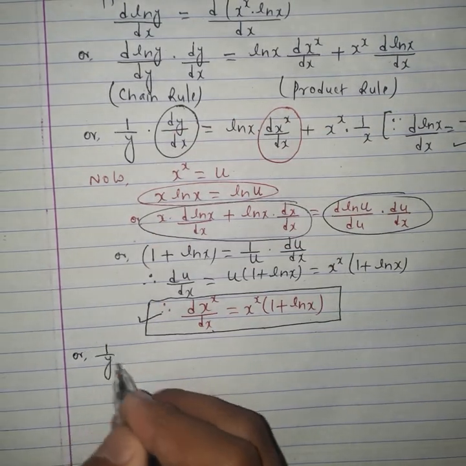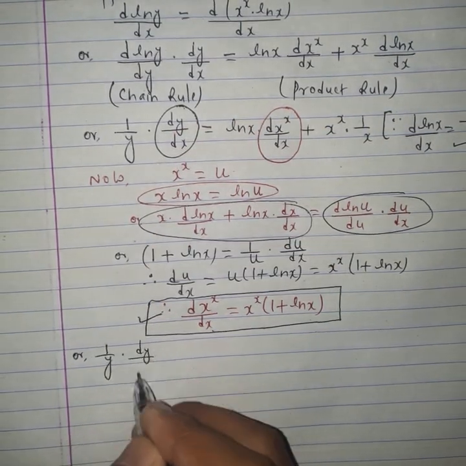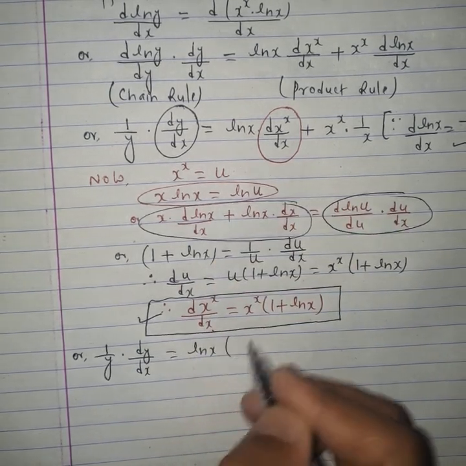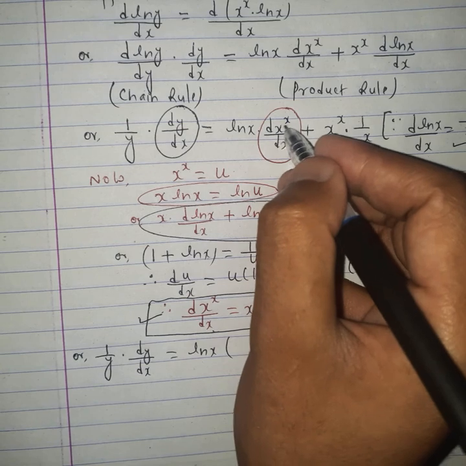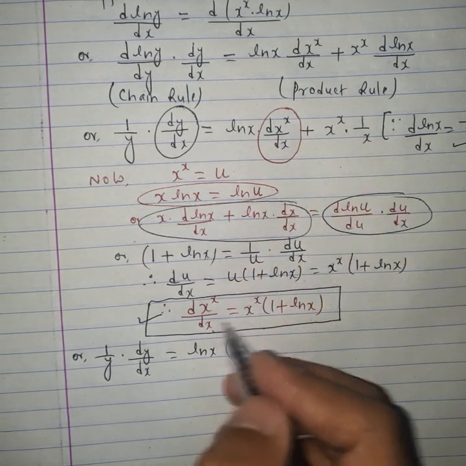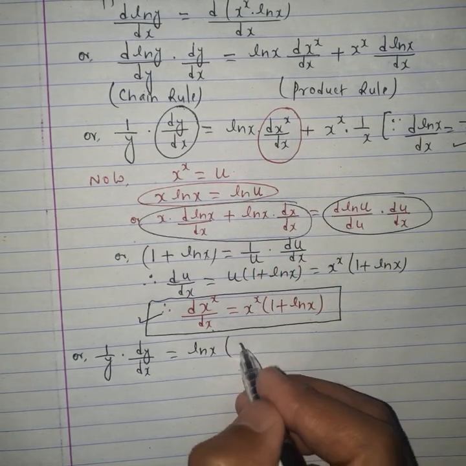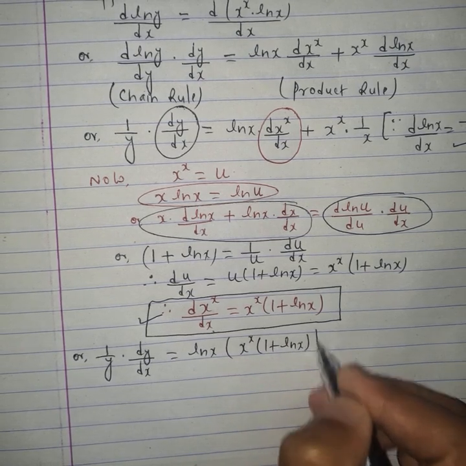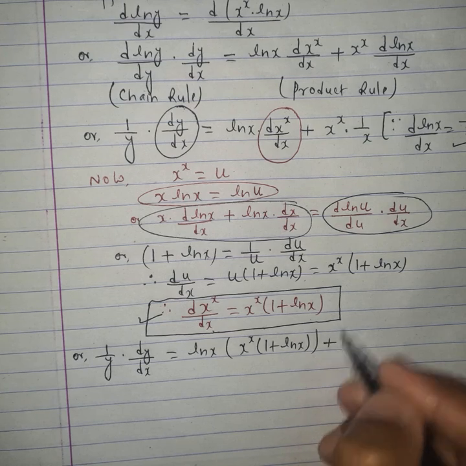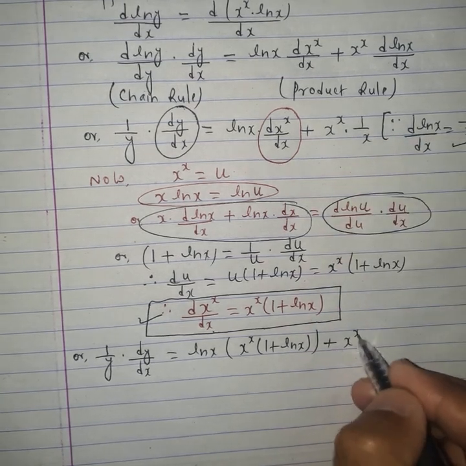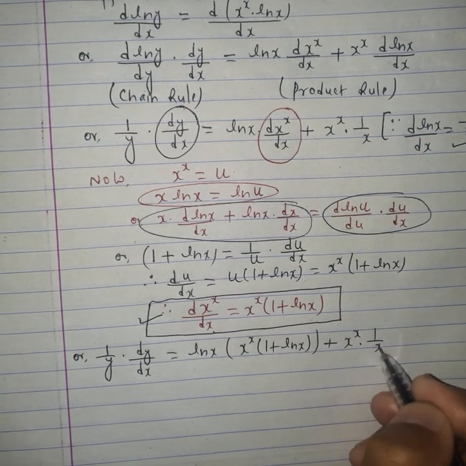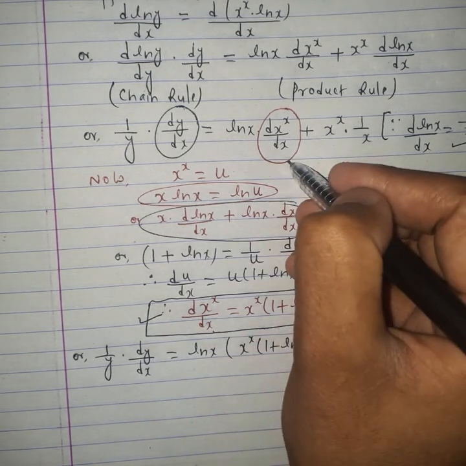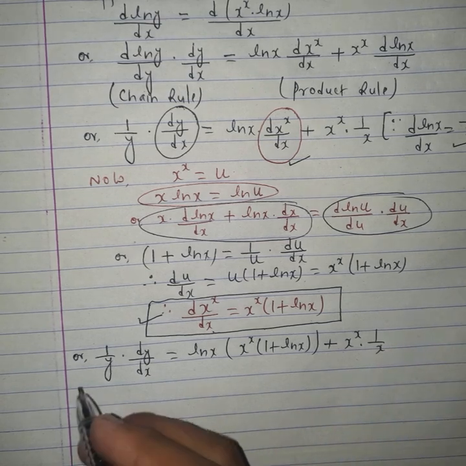1 over y times dy over dx equals ln of x times the derivative of x to the power of x with respect to x, which we calculated as x to the power of x times 1 plus ln of x, plus x to the power of x times 1 over x. Here we just substitute this result into this equation.